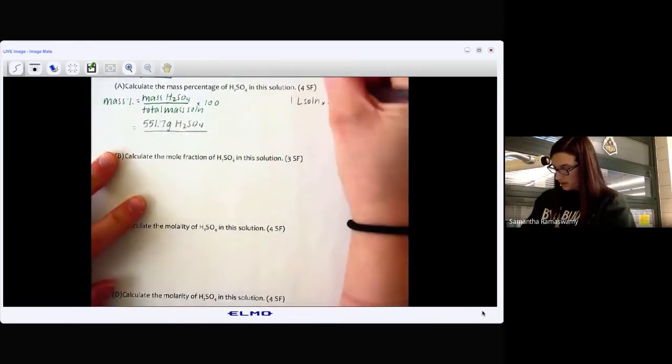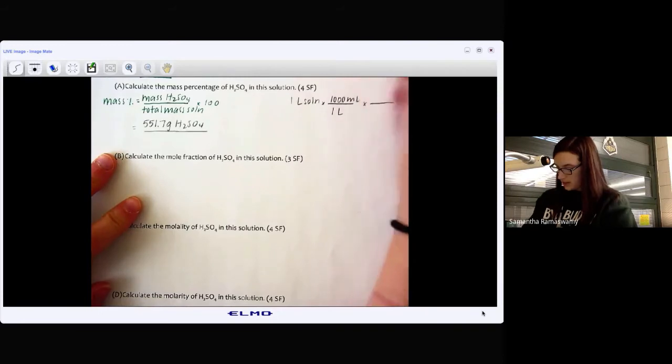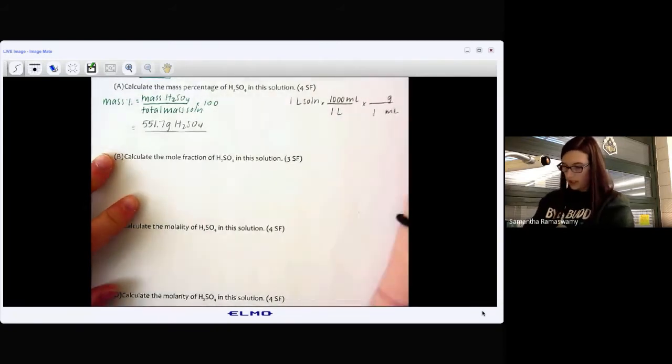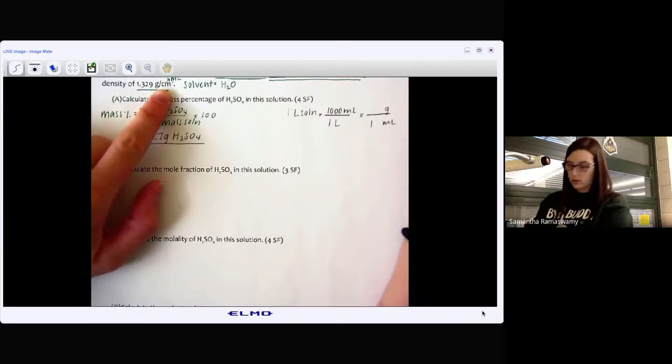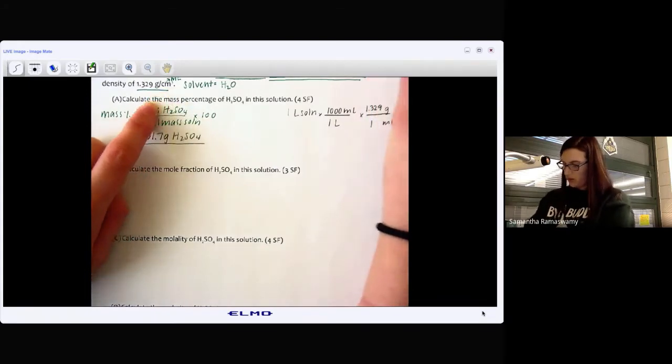So 1 liter is 1,000 milliliters, and I can go from milliliters to grams using the density. For every 1 milliliter of solution, there is a mass of 1.329 grams.